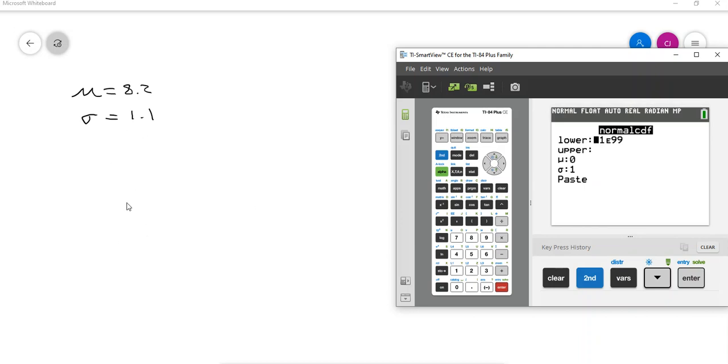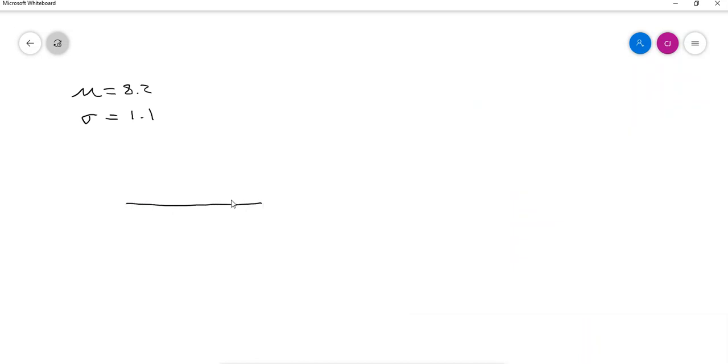So I'm going to draw a normal curve. And I have this information. So let's say that I want to find how likely those TVs are going to last from 7 up to 9.